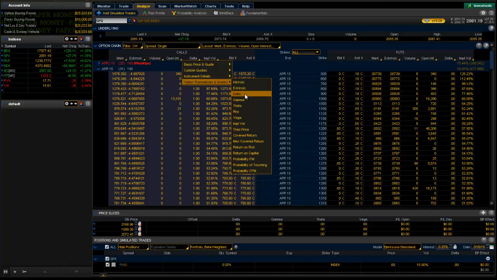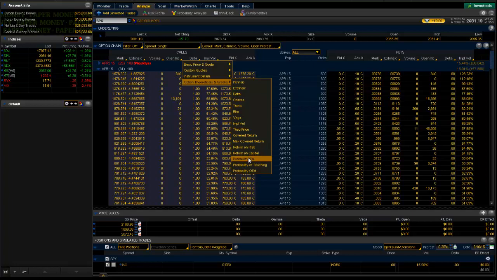Right off the bat, you'll notice from one of the other lessons here in the option foundations section, I talked a lot about intrinsic and extrinsic value. So those two are up at the top. But underneath that, you've got delta, gamma, theta, rho, and vega, as well as some other ones underneath it: implied volatility, theoretical price, covered return, max covered return, return to risk, return to capital.